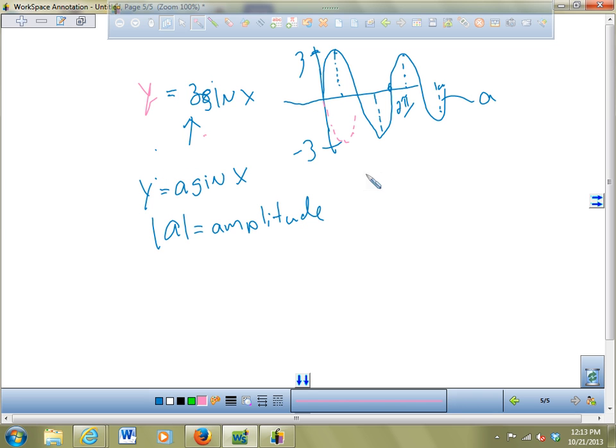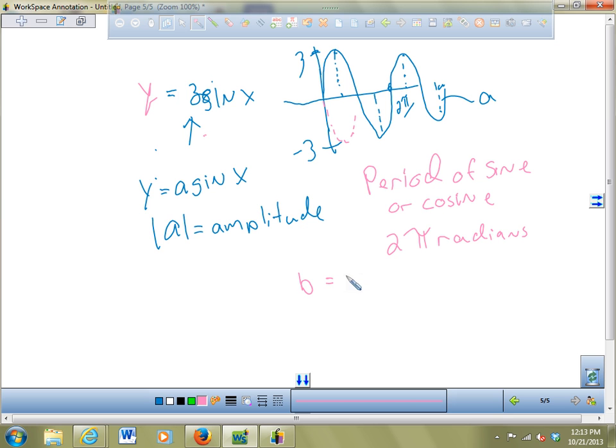Also, you have the period. The period of a sine or cosine function: how long does it take to complete one revolution and repeat itself? 2 pi radians. Now, unfortunately, that doesn't go into the equation. What goes into the equation is this number b.